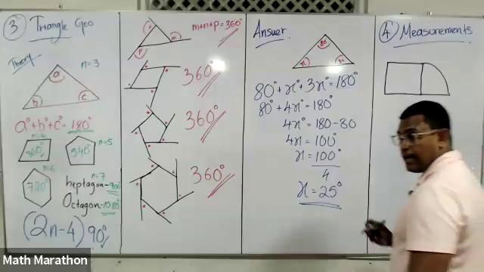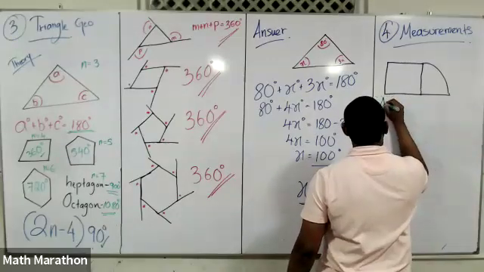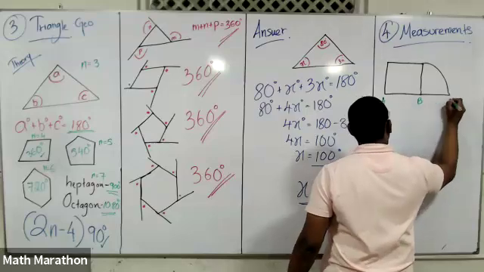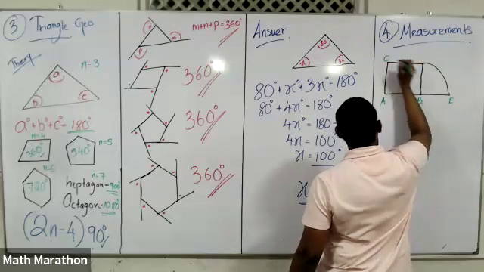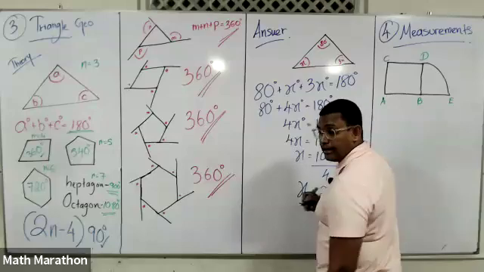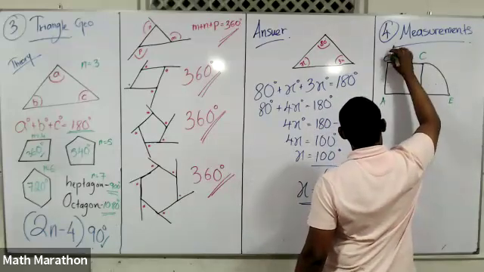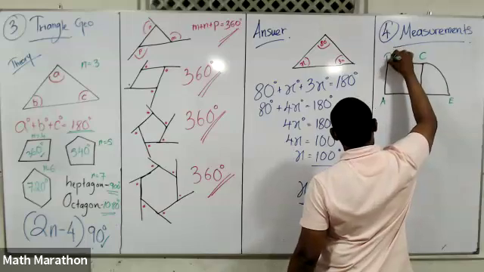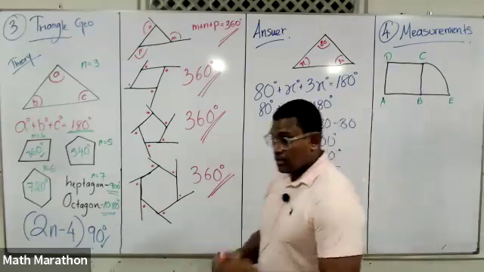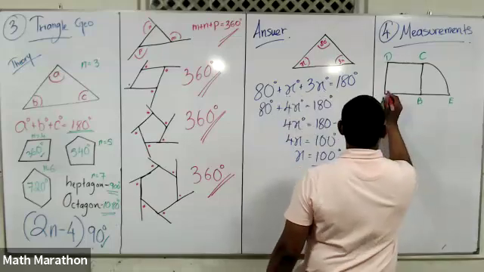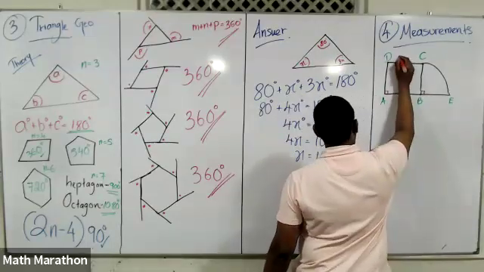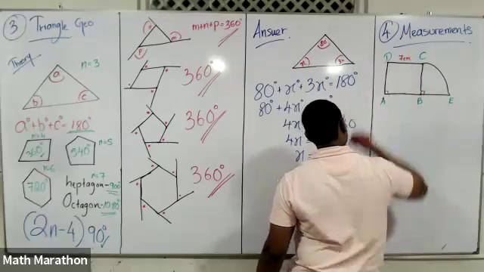A, B, E, C, and D. 7 centimeters, 90 degrees, 90 degrees, 7 centimeters.